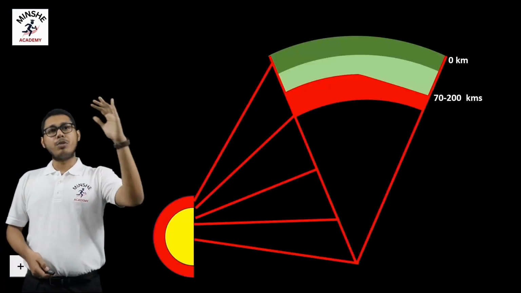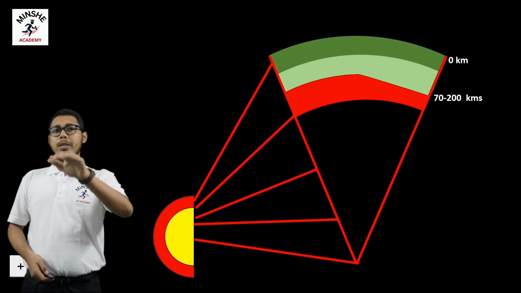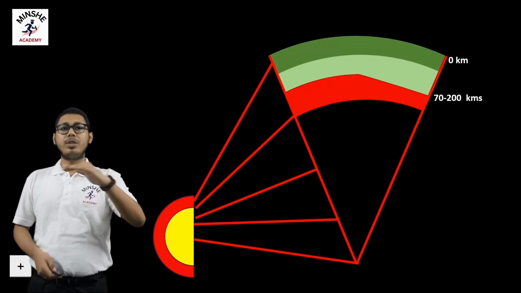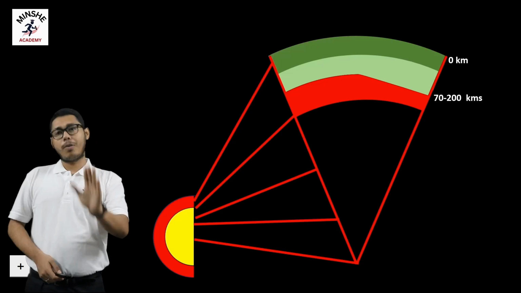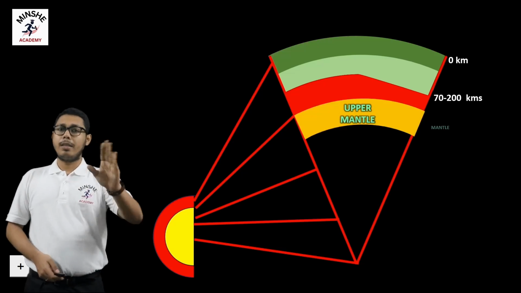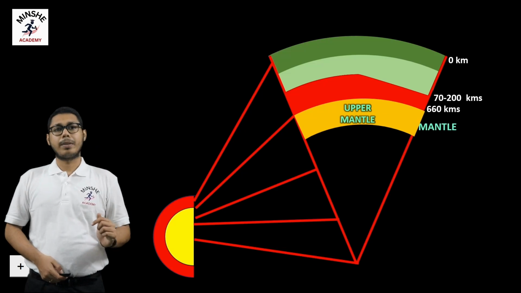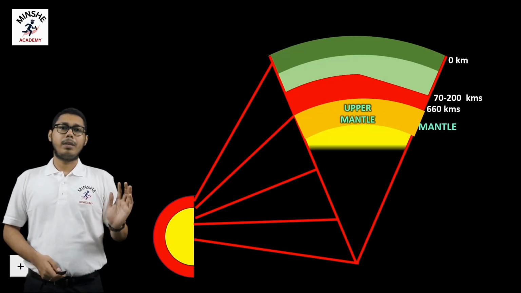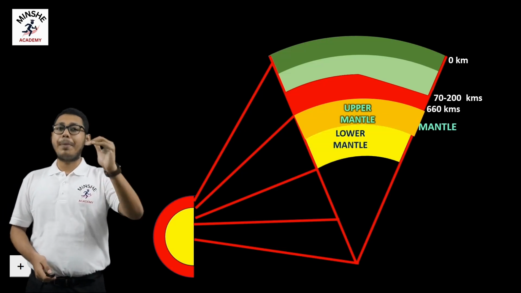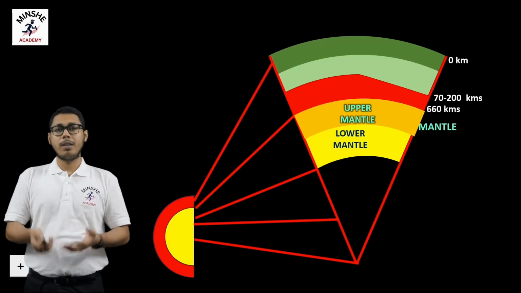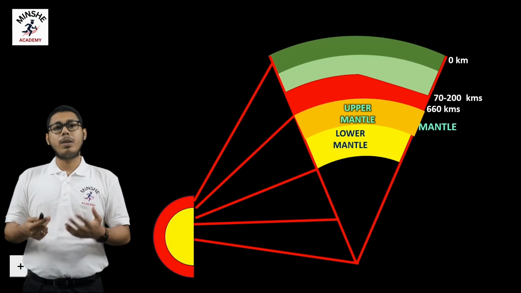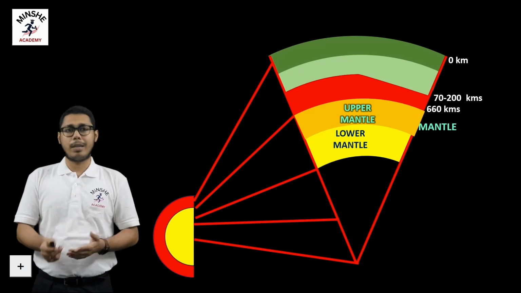Here, the above portion, 70 to 200 kilometers, that means the green shaded regions, are the crust. The red region is what I will be saying. The yellow region you have seen. Now you can see another yellow region, the upper mantle and the lower mantle. Here also, maybe the difference is because there is a difference in composition that is noticed.